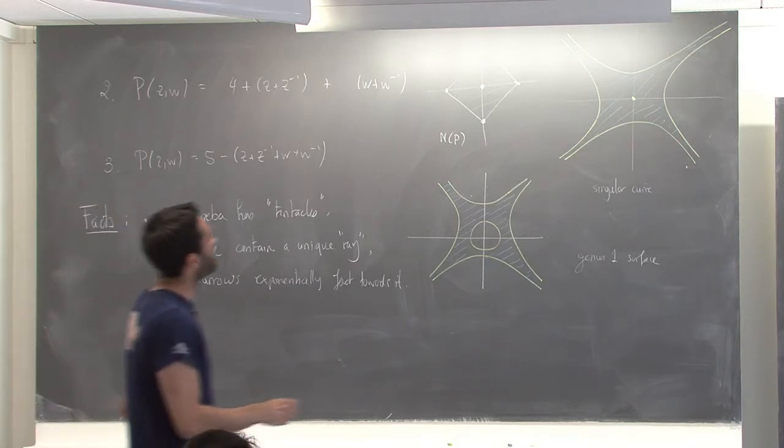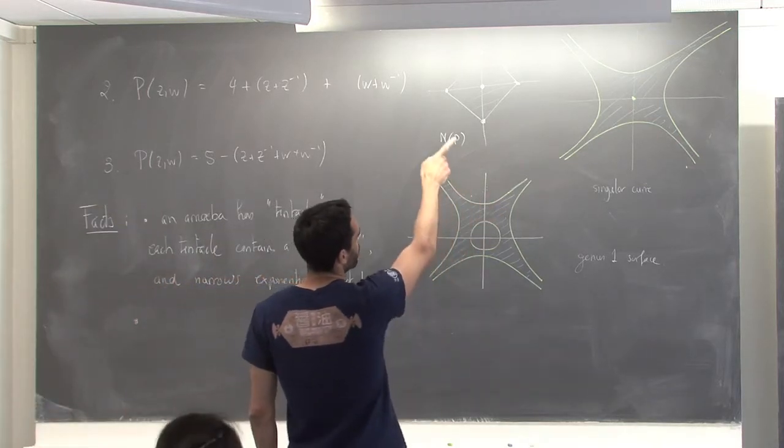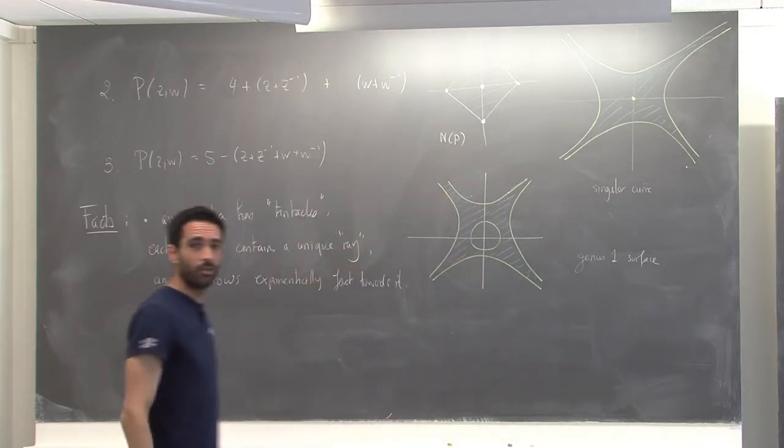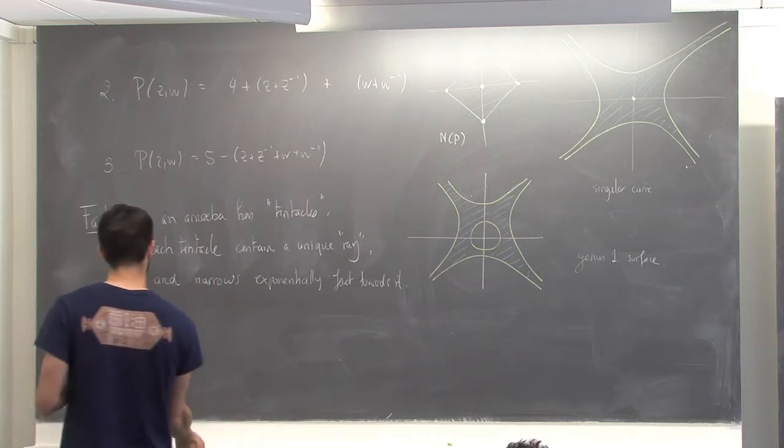What is nice is that the directions of the rays correspond to the sides of the Newton polygon, as you might have guessed from the examples.